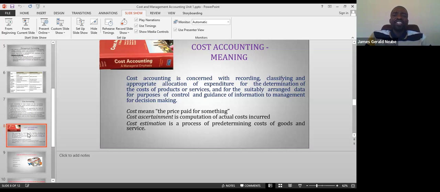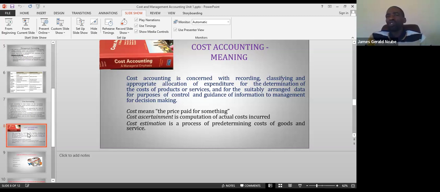Because once expenditure has been recorded, it must be classified. We classify it, and then we allocate it appropriately. Why? For the determination of the cost of products or services. And this is going to help us in controlling and guiding information to management for decision making.